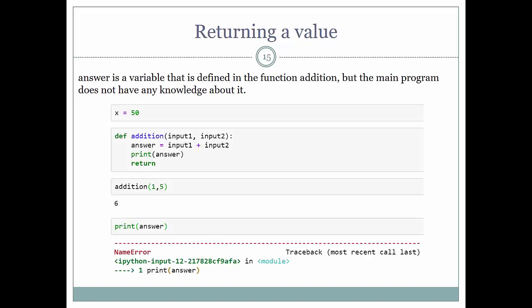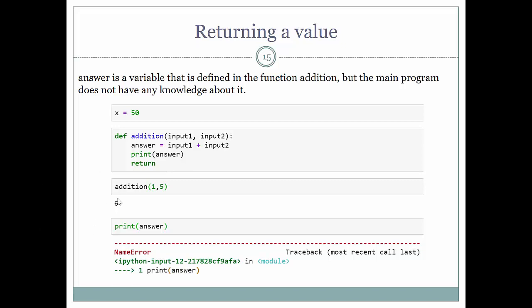For example, if we wanted to create a function which adds two inputs together, input 1 and input 2, we can define a variable called answer inside of the function, which does the adding for us, and we can also print. But in this case, when we return, we are not returning any value because there's no code after the word return.